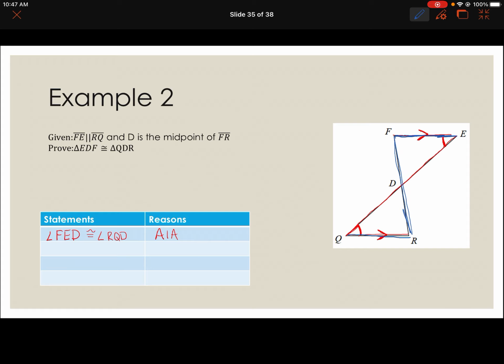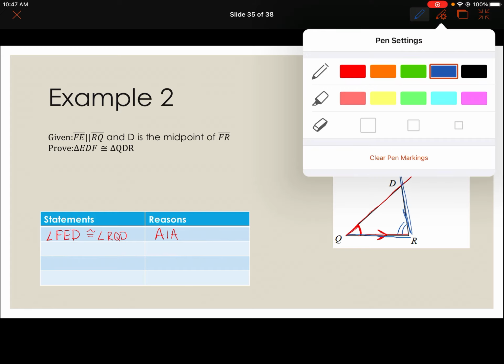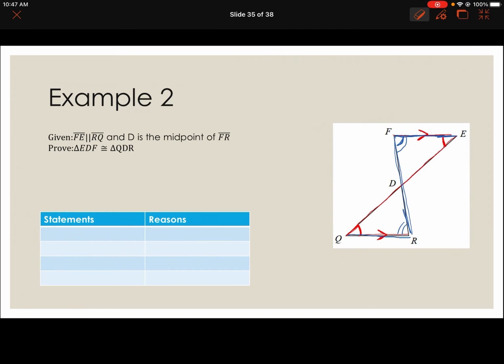So angle EFD is congruent to angle QRD. Actually, let's use that in our first spot. So let's take this one out. We'll put in the blue one that we wrote. So we're going to use angle EFD is congruent to angle QRD. And that reason is still alternate interior angles.